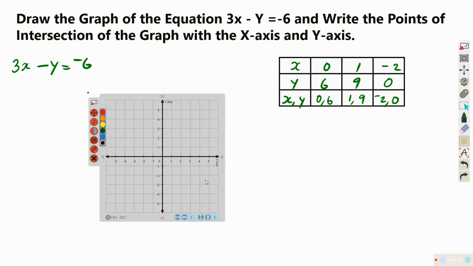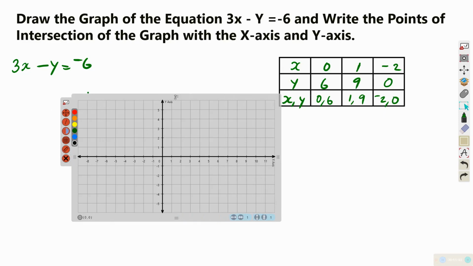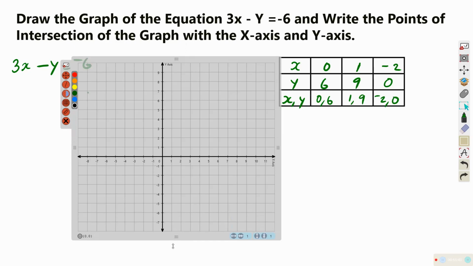You will be doing it in the paper, so you have the complete freedom over there. Here I have to adjust the size of the graph paper accordingly. Okay, the y-axis maximum goes to 9, so I have to do accordingly. I am going to mark the points now.